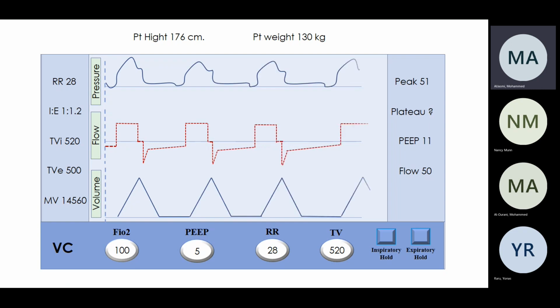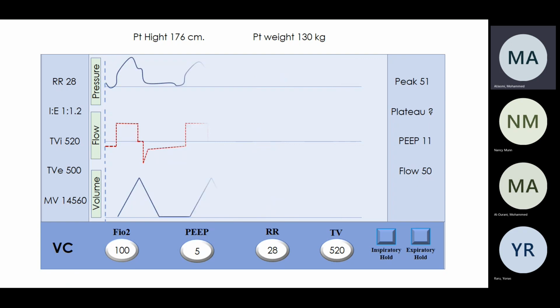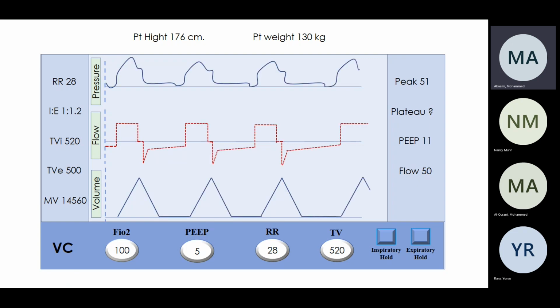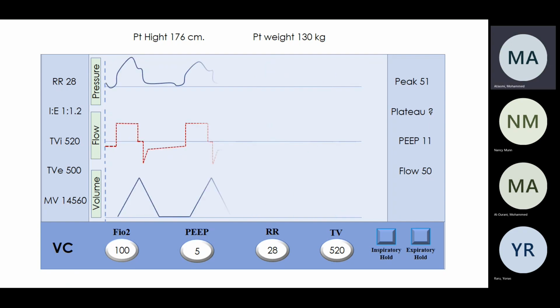So is the flow in this type of mechanical ventilation a constant thing or a variable thing in volume control? Did you get my question or not? Not sure, that's okay. So what's the variable in volume control?